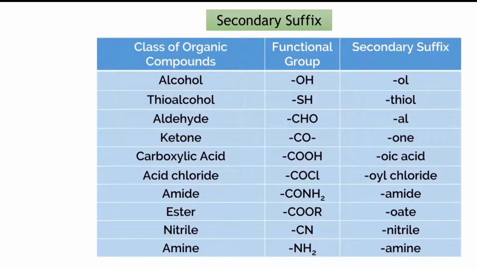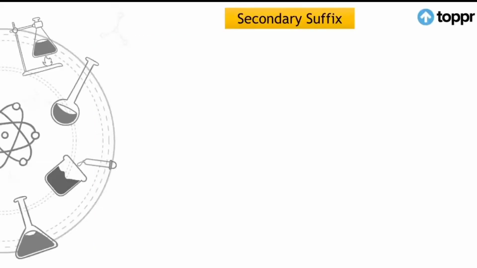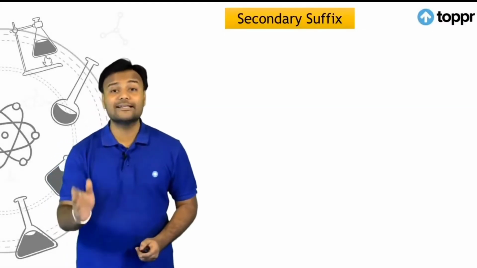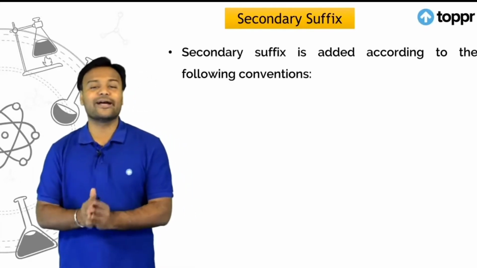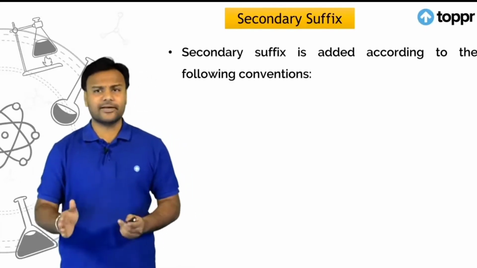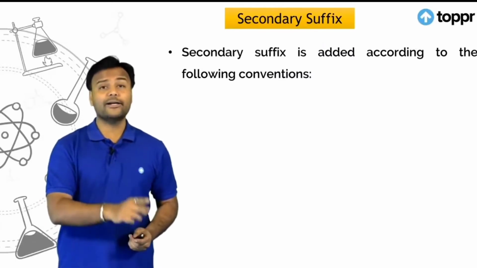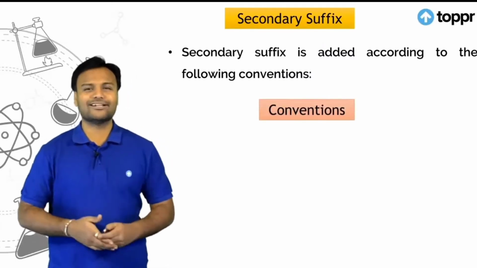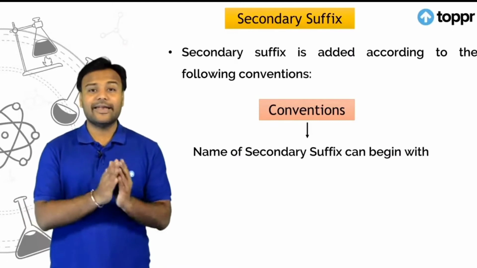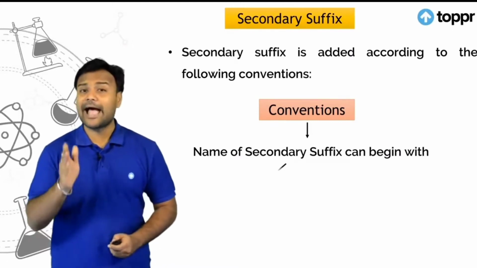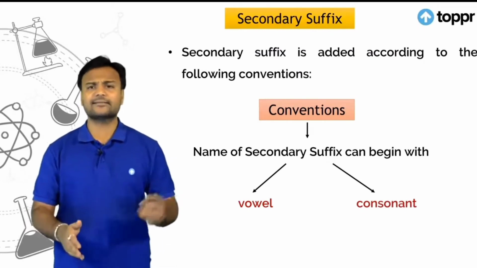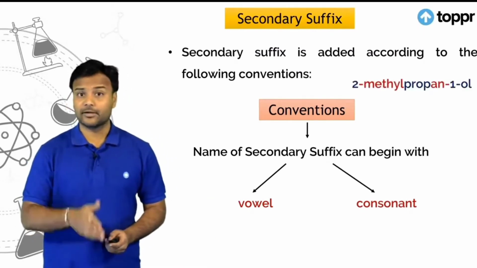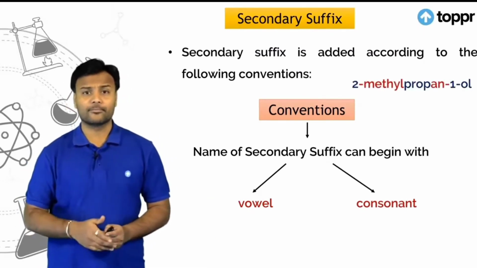Is it clear? There is one more important point you should know about these secondary suffixes. How do you write down the name? Secondary suffix is added according to the following conventions. The name of your secondary suffix can begin with either a vowel or a consonant. Let's take the same example which we have seen earlier, 2-methylpropanol.